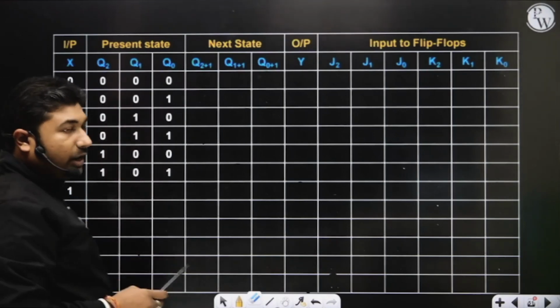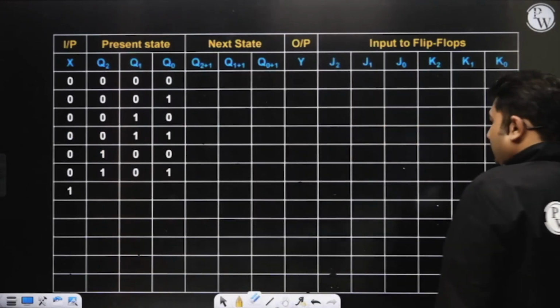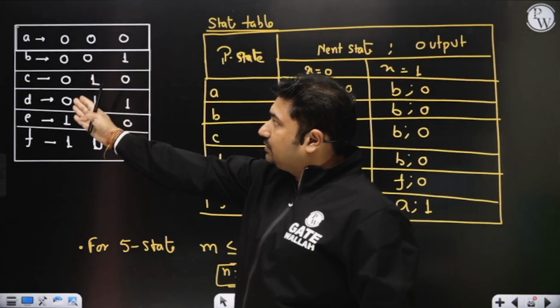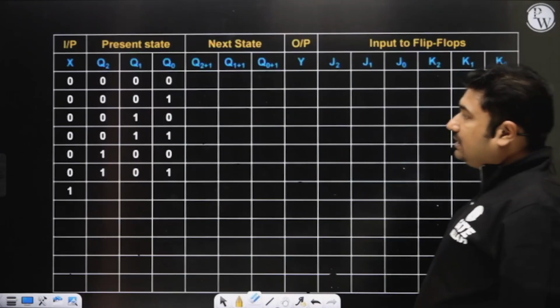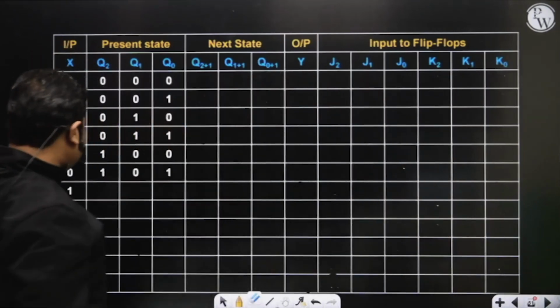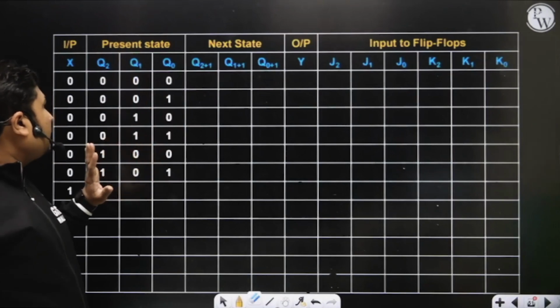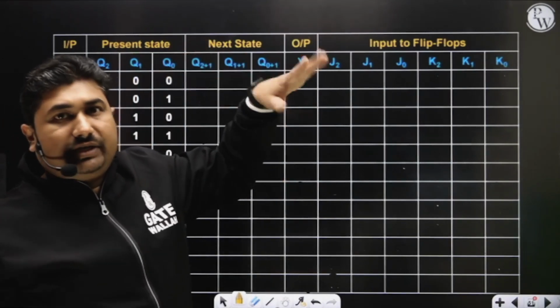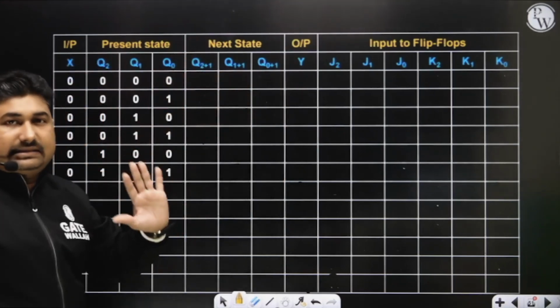Why, sir? Because how many states do we have? Only 5 different states, so all the 5 states I have already taken: 0, 1, 2, 3, 4. Up to this, we have all the possibilities of Q2, Q1, Q0 for present state. The rest of the possibilities of Q2, Q1, Q0 do not exist, so we need not take care of them.